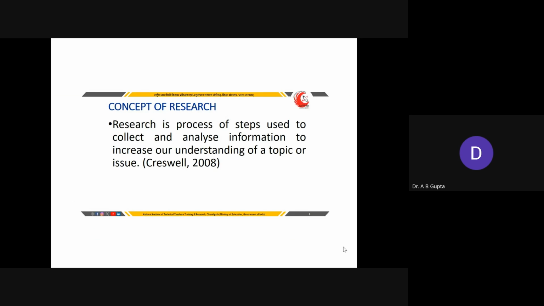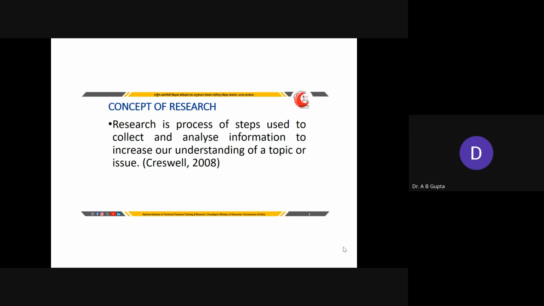A very important concept of research was given by one of the researchers, Creswell, in 2008. According to Creswell, research is a process of steps used to collect and analyze information.